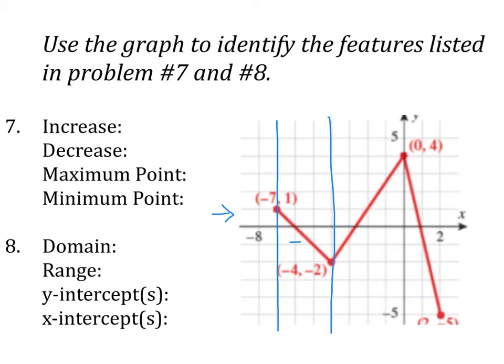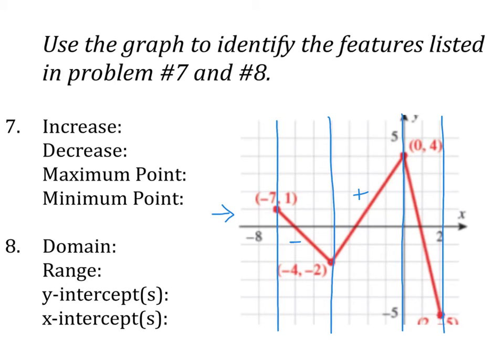And then from that point, you're walking uphill until you get to the y-axis, which is 0. And then after that, you're going to keep walking downhill until you get to this point, which is at 2. All right, so there are 4 intervals that have to be identified between increase and decrease.